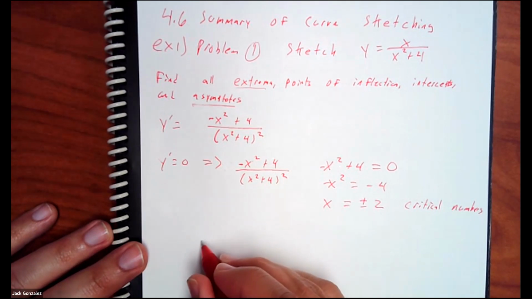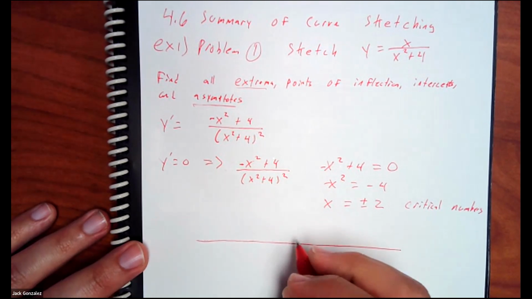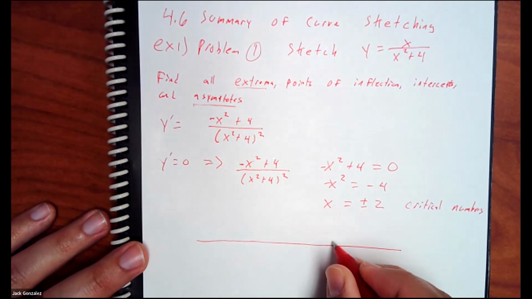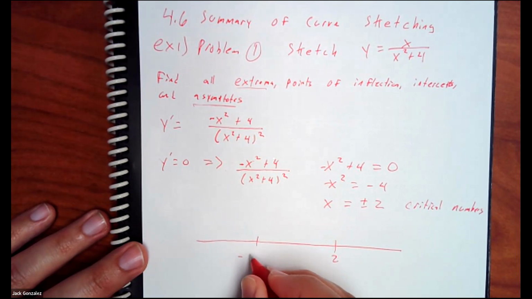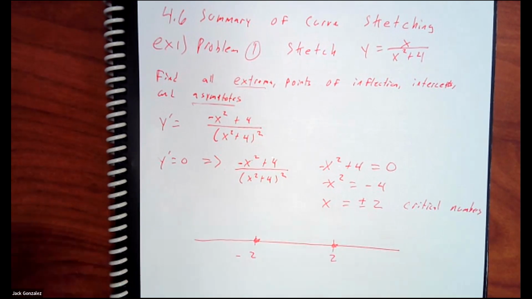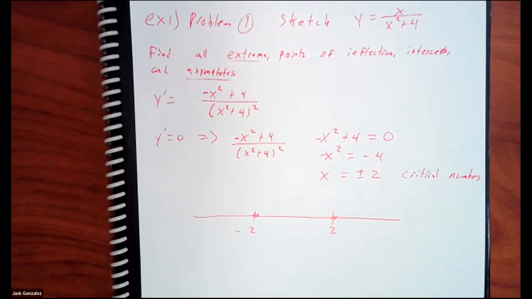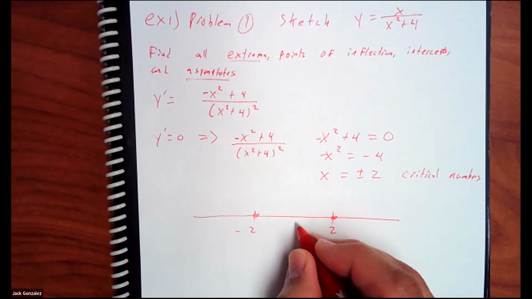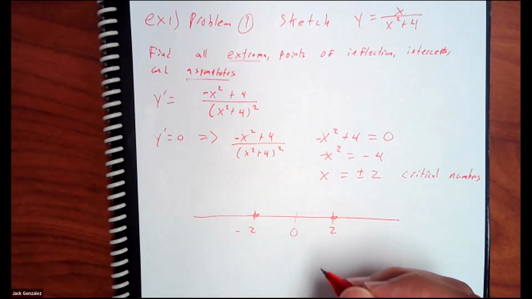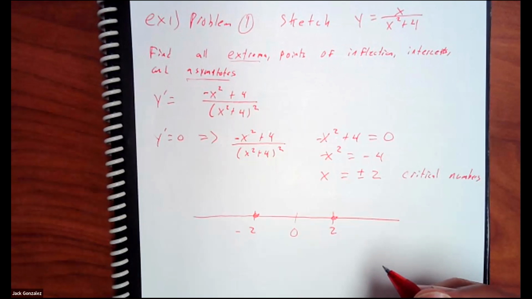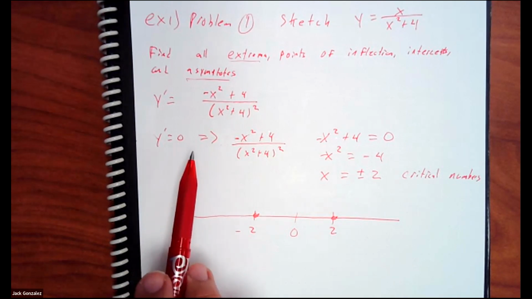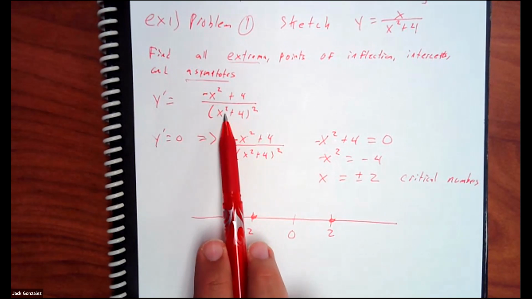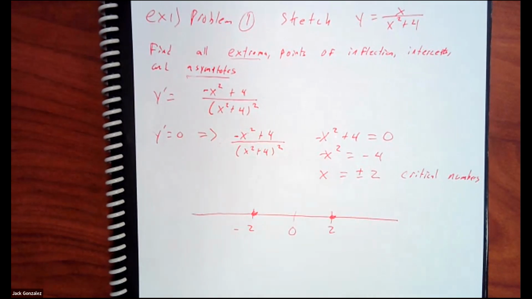Okay, so let's test around these values. So we got critical at 2 and -2. So let's test 0. If I plug in 0 into the derivative, looks like I'm going to get positive.